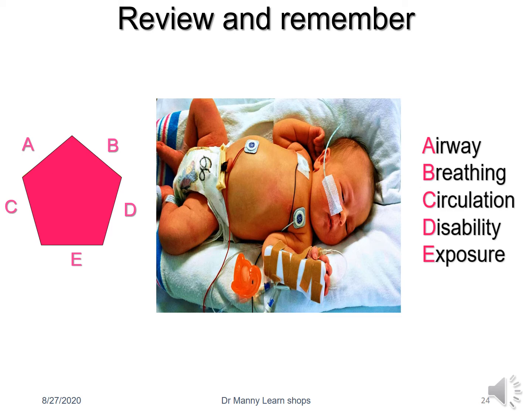Their level of consciousness isn't fantastic. Are you concerned or not concerned? You're concerned. That's all you have to do. You identify whether you're concerned or not concerned because the infant is well or unwell, stable or unstable.